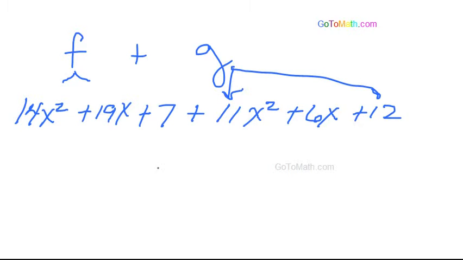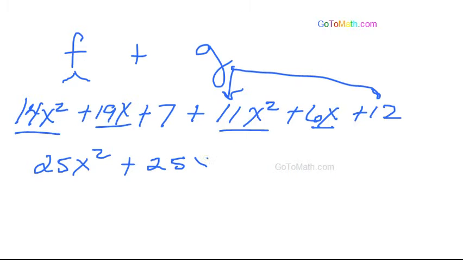Our g. Alright, so we want to collect up our like terms. 14x squared and 11x squared, that's going to be 25x squared. Now we have 19x and 6x, that's going to be 25x.